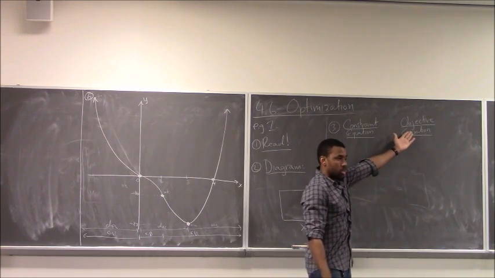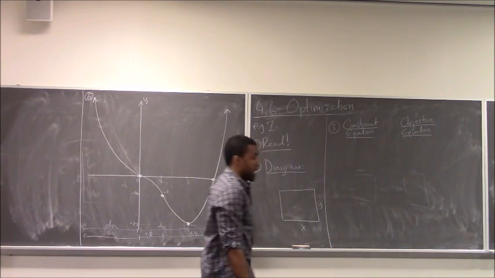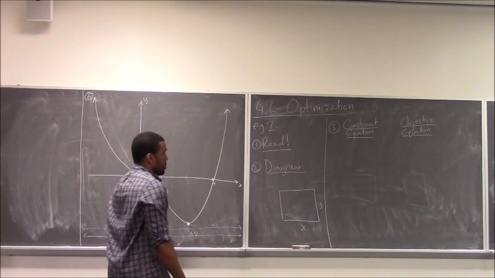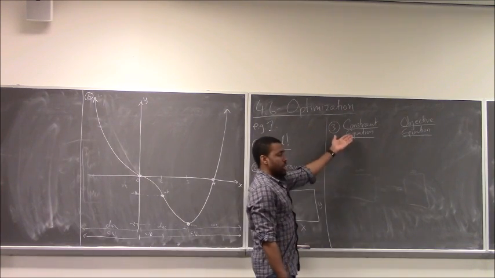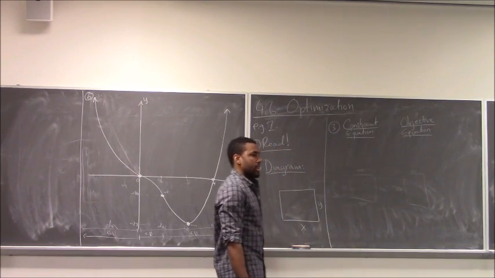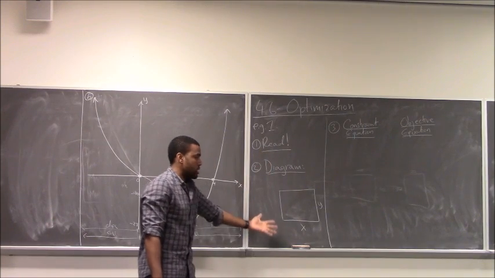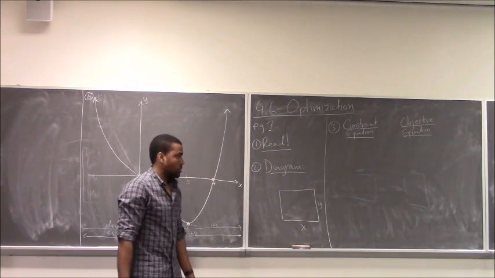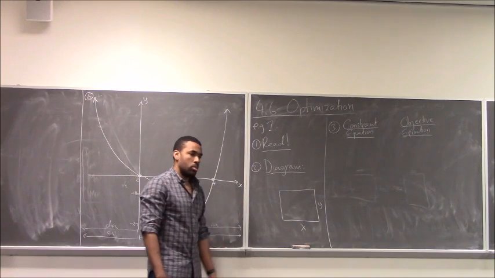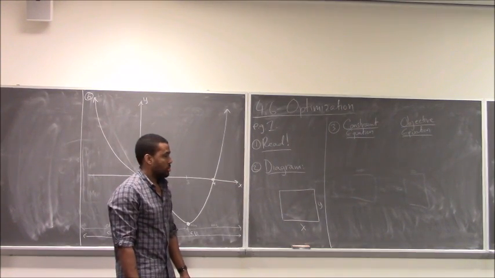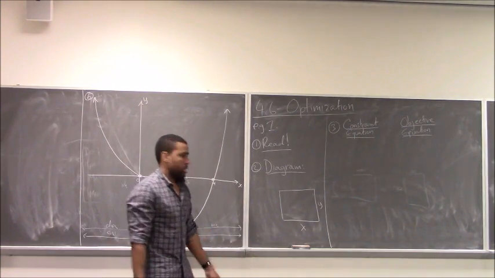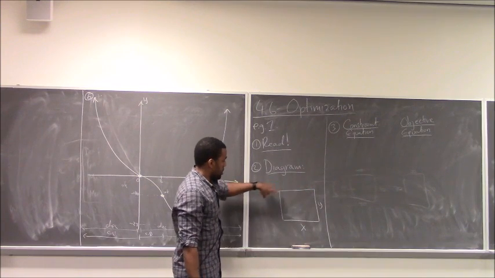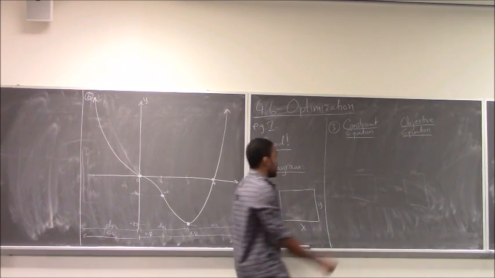The objective describes the thing that you want to maximize or minimize. So we already said the constraint is the amount of fencing he has. In terms of the scenario that I just set up, what is that describing, according to this picture of the situation? Yeah? 2x plus 2y equals 100. Exactly. The length around this object, the perimeter, is the constraint.